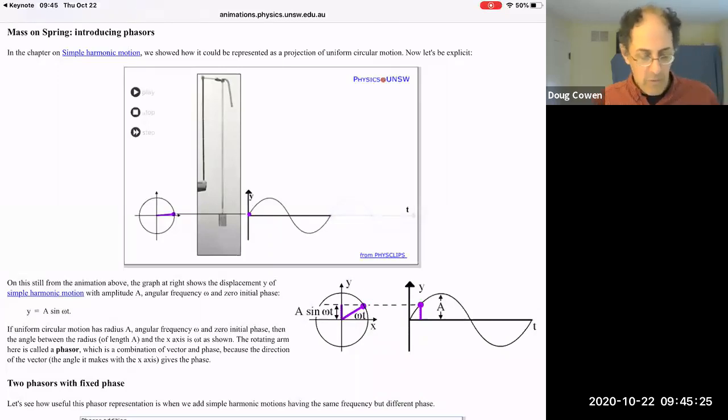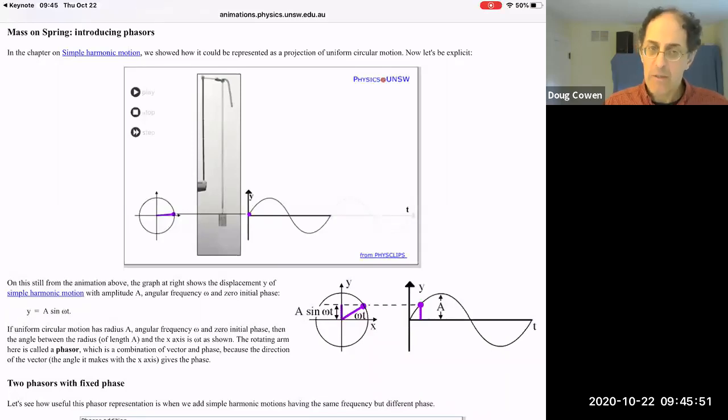Another way to depict that is graphically with this phasor, which is shown by that circle on the left of the figure that has a little purple line with a dot at the end of it. That purple line with a dot at the end of it is our phasor. And what that's going to do is rotate around in that circular path.